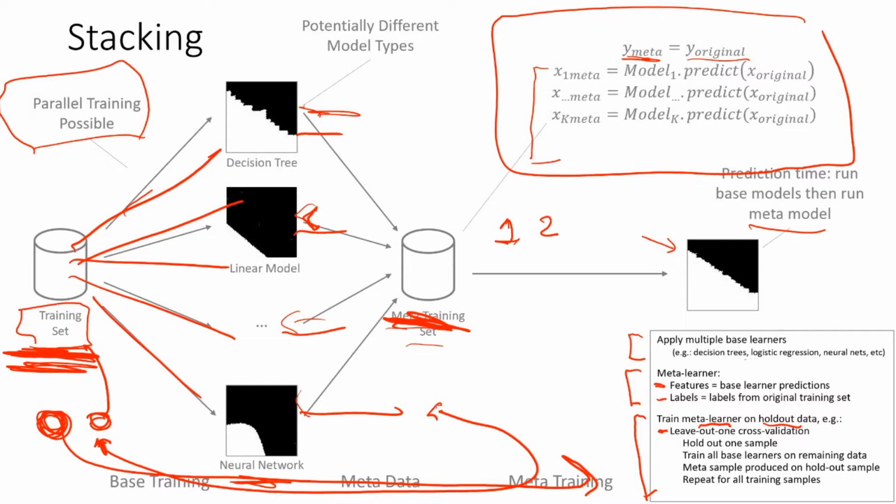And that's what this leave-one-out cross-validation would mean. And that's how you could produce a training set for the meta model that's not influenced by any of the parameter sweeps or any of the other stuff that you did here. So you will generalize correctly. Then you repeat it for all training samples, and you train your meta model.